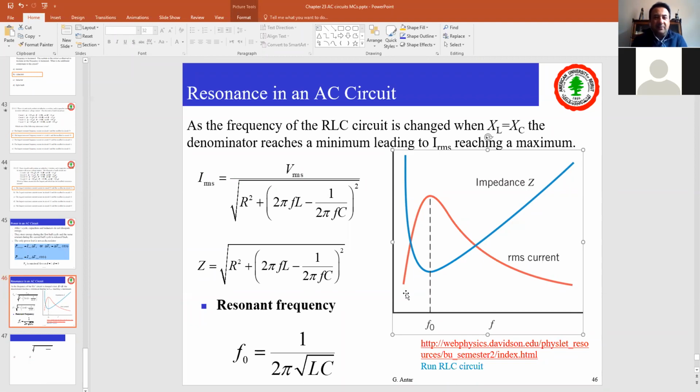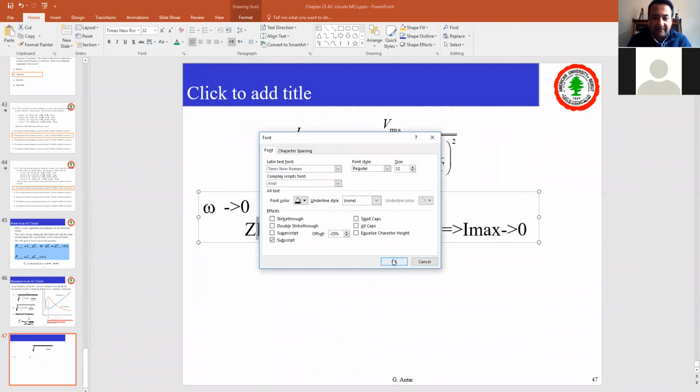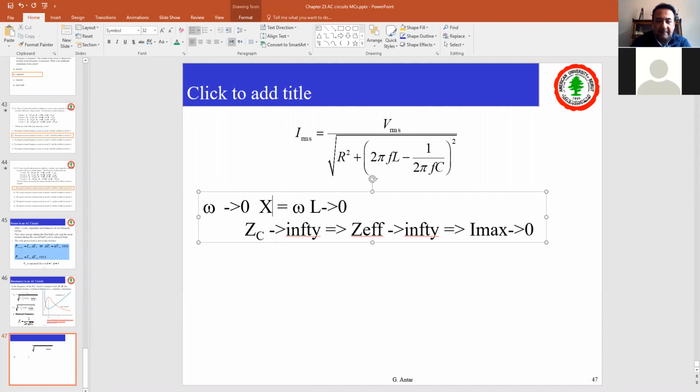So when omega tends to 0, the capacitance is the key player, because what you saw here is that what's going to tend to infinity is basically the capacitor. Okay, so this should be ZC. The ZC tends to infinity, and this is Z tends to infinity, and that's I equals V over Z. Okay, I hope that this is clear. So this is XL.